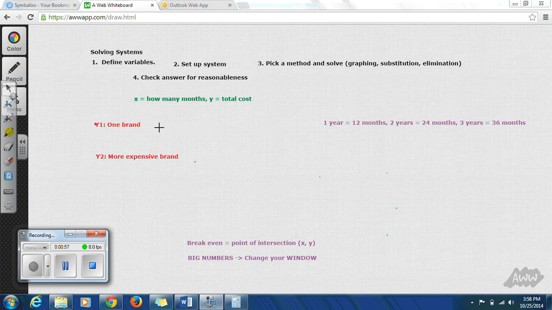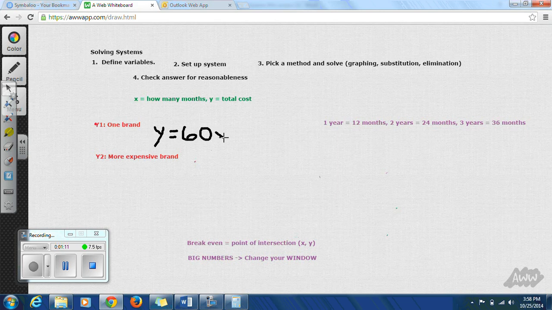That's like your y-intercept, your y equals mx plus b. The $60 per month tells you your slope. So the way the first equation reads is 60x plus 1800.